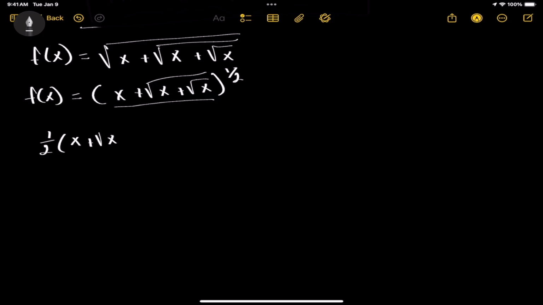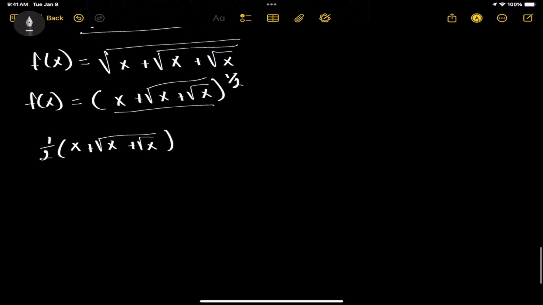So root of x plus root of x, and then cover that one. And then, of course, we use the power rule, so we have to subtract 1 from that exponent, and that's going to be negative half. And then we're going to multiply by the derivative, again this is where the chain rule comes in, of what was inside of the parentheses. And that was x plus the root of x plus the root of x.